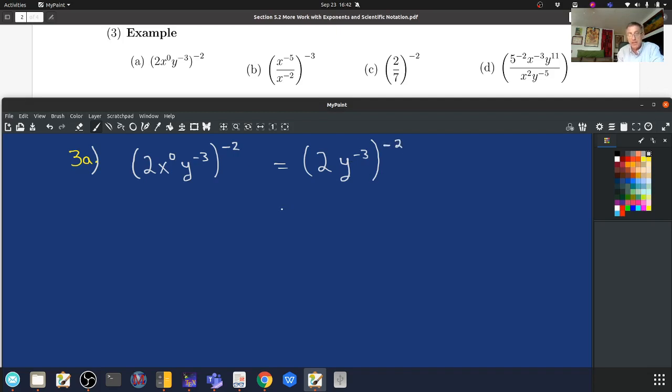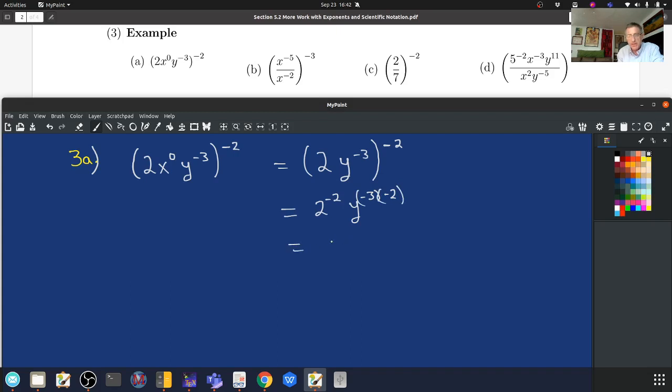So now we've used the parentheses up, and we can take care of the exponents. I'm going to have to use the power of a product rule here, because notice that my base is a product, 2 times y. 2 is one factor, y to the minus third is the other. So this is 2 to the minus 2 power times y to the minus 3 times minus 2 power. Let's use these parentheses rather than a dot.